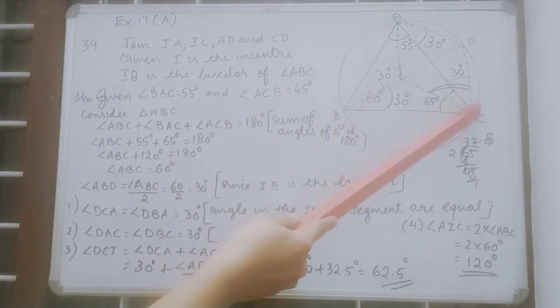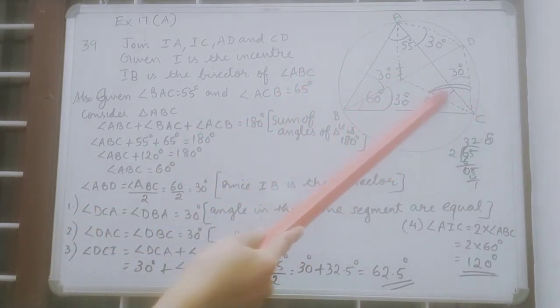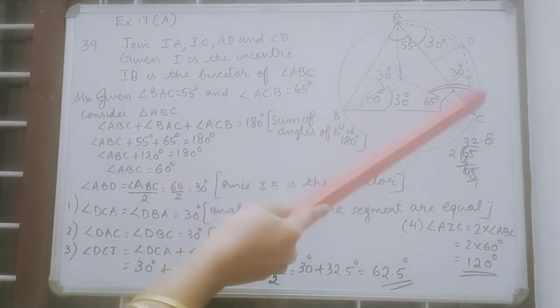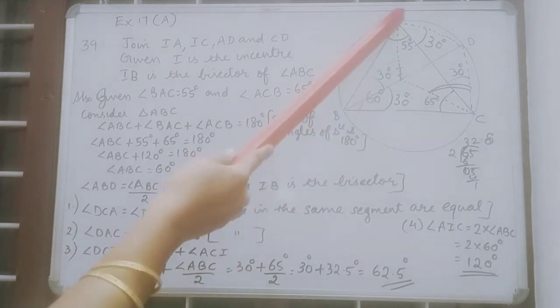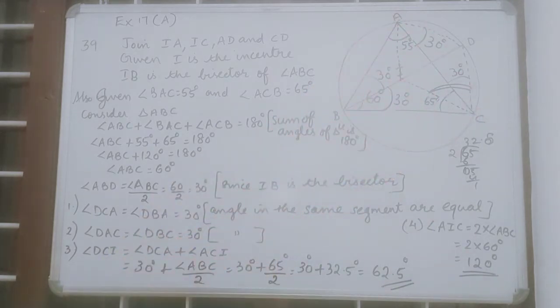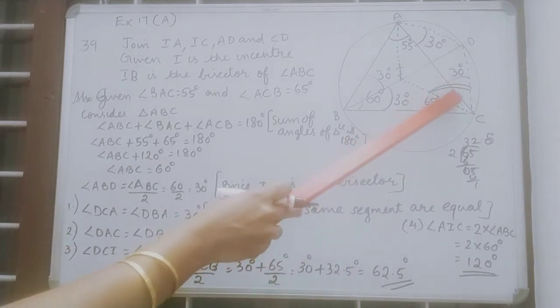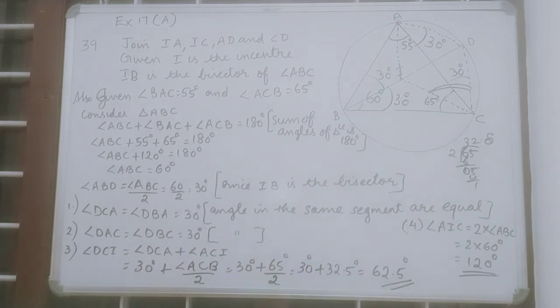IC is the bisector, and ACB is 65 degrees. So ACI will be 65 divided by 2, that is 32.5.